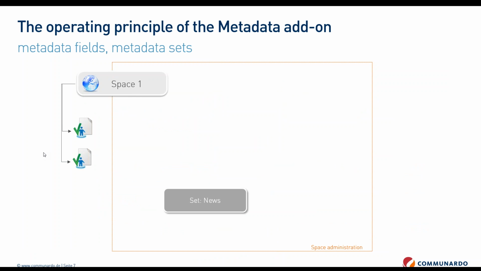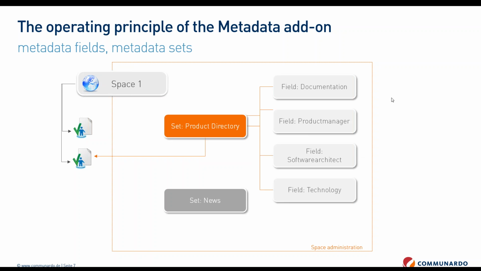And as a space admin, you may add metadata sets, such as the product directory. And you can as well add a couple of metadata fields, such as documentation or product manager or software architect. And those as a bundle are one of those sets.